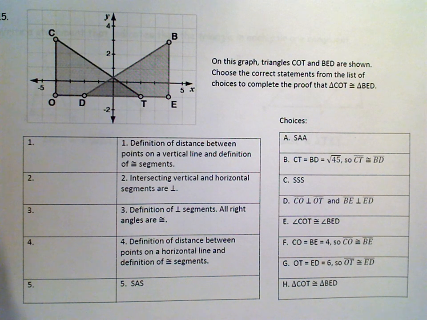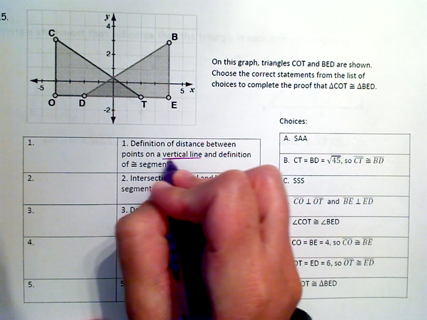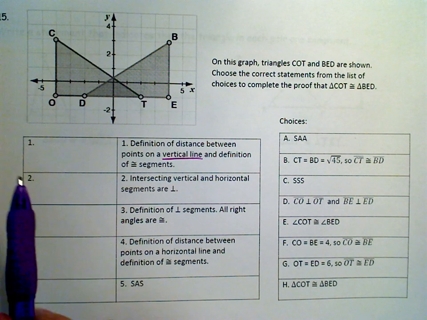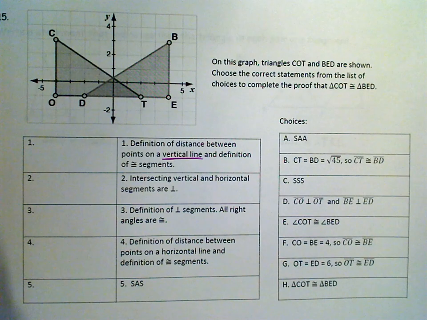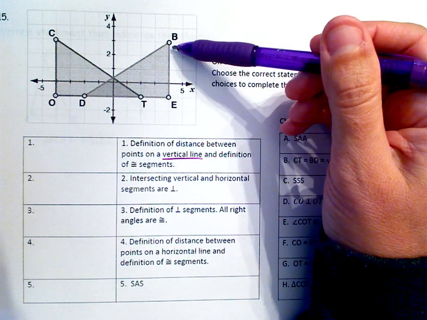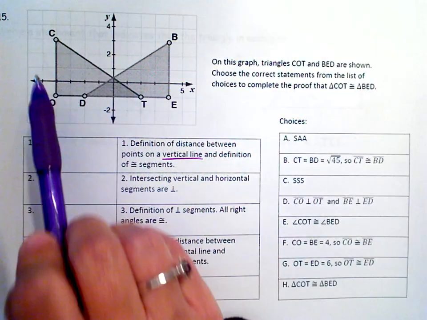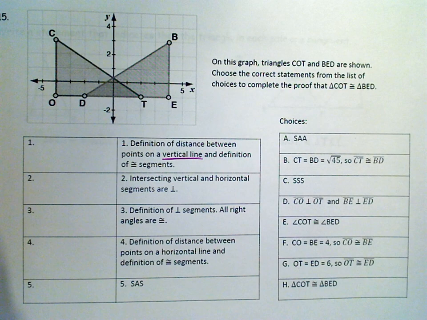So if we look at the first reason, it says definition of distance between points on a vertical line and the definition of congruent segments. So right here, this vertical line is what stands out. Well, what are our vertical lines in our picture? CO and BE. And since the distance between them is 4, and CO is also 4, then that would make these two segments congruent to each other.